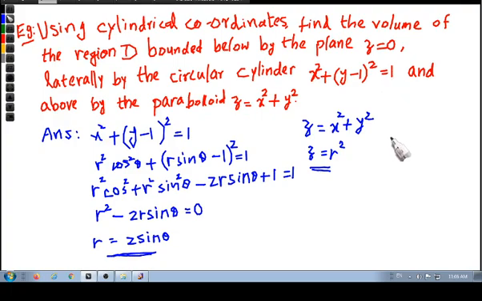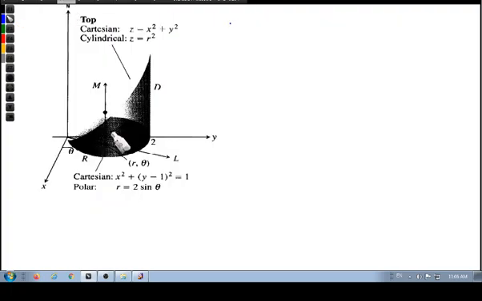So all these circles kept one over the other will form the cylinder. So you can imagine how that cylinder will look like now. Yes, you have a cylinder like this with the center at the point 0, 1 and z is anything. That means the axis of the cylinder is parallel to the z axis.